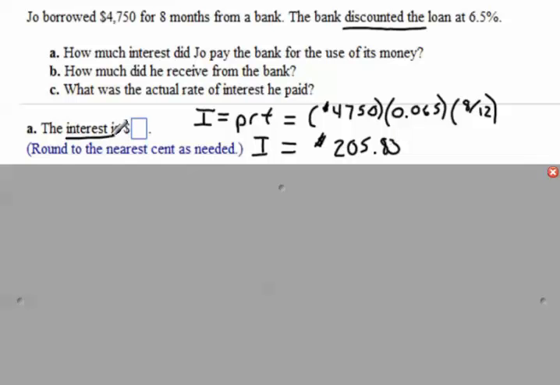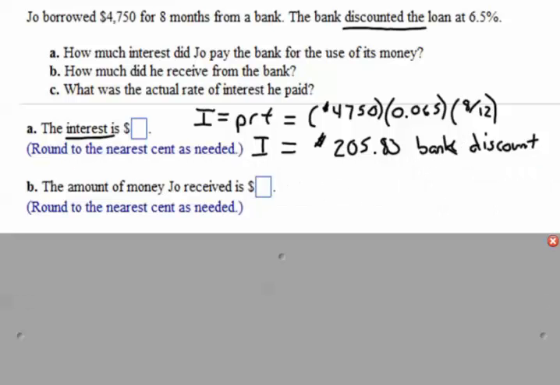That is the amount of interest, and the interest that is charged in advance on a discount note is called the bank discount. Again, that's the interest that's paid up front.